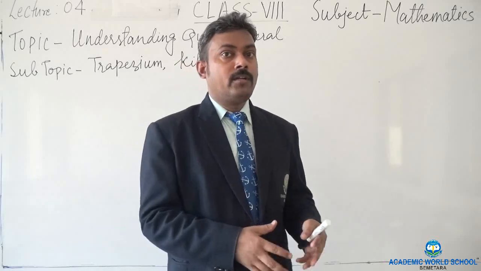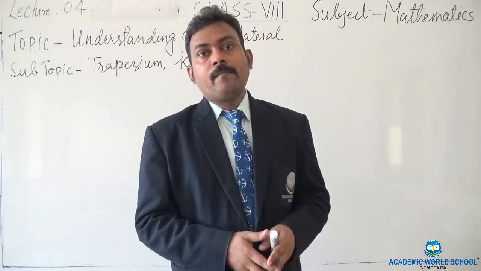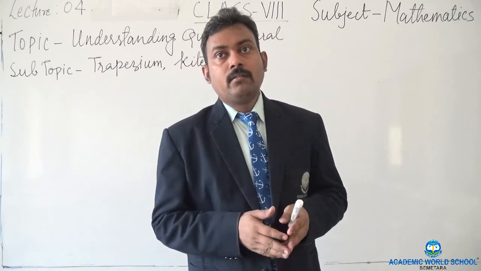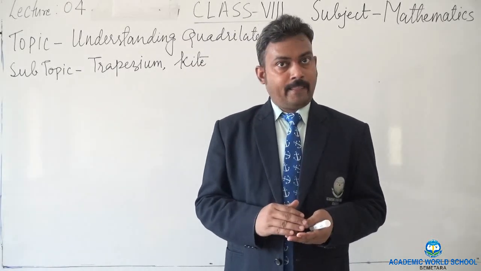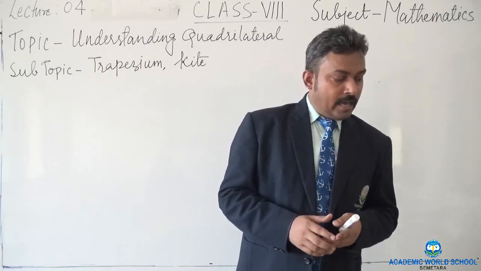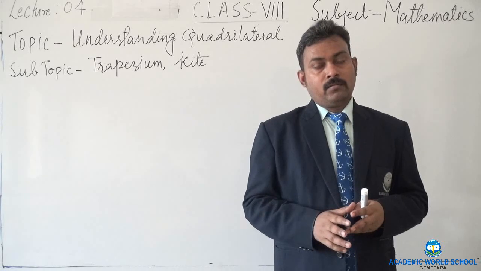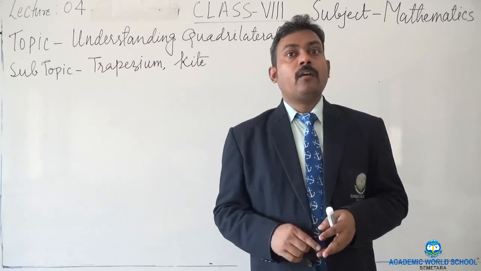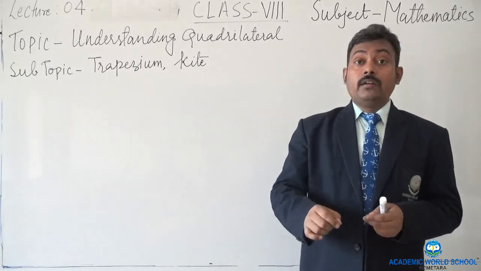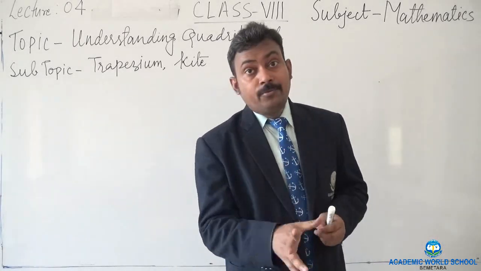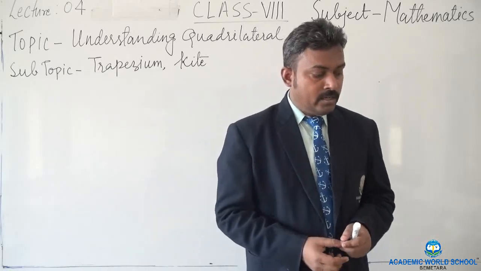Then come the diagonal properties. In a parallelogram, diagonals bisect each other, and a diagonal divides the parallelogram into two equal triangles, or say two congruent triangles.